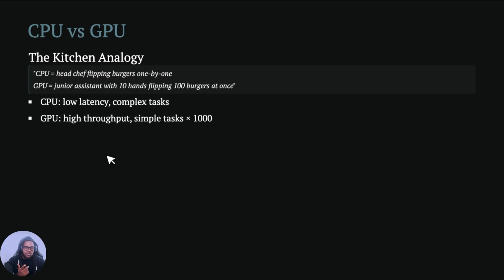So what's the difference between a CPU and a GPU? I love this analogy from Amazon AWS, which perfectly describes, in my opinion, the difference between a CPU and a GPU. It says that the CPU is like a head chef in a large restaurant. It has to make sure hundreds of burgers get flipped. Even if the head chef can do it personally, it's not the best use of their time.